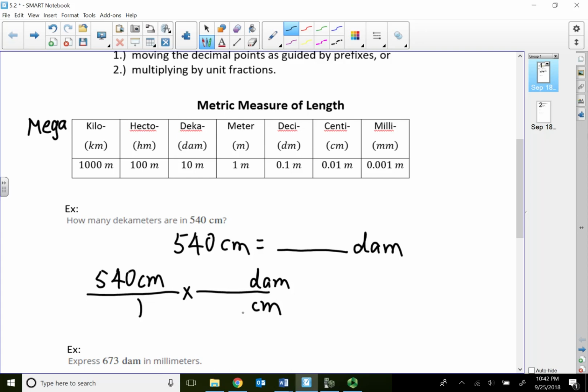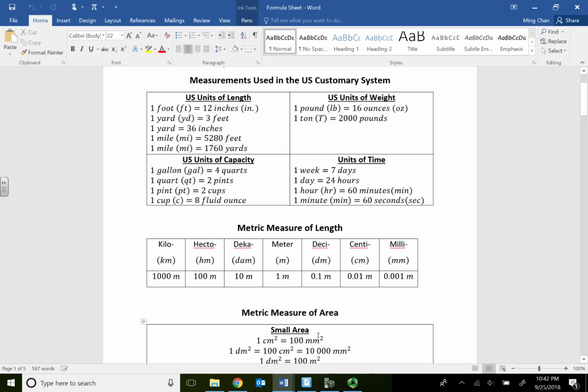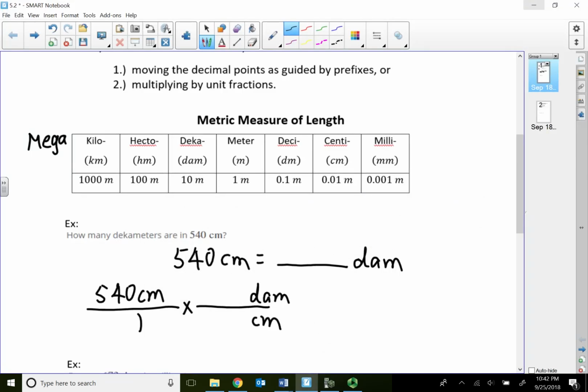We don't have a chart or some sort of formula sheet or table like the U.S. measurements.